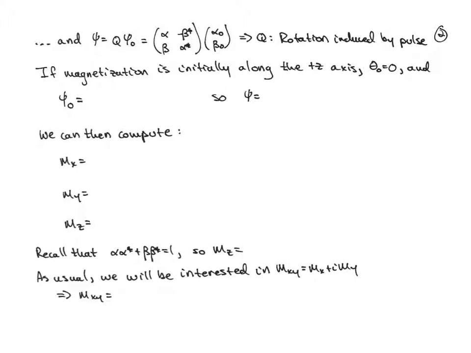And the phi at the end of the pulse is equal to the overall rotation matrix of the pulse times phi 0, the initial spinor, where phi 0 is going to be some alpha 0 beta 0 multiplied by the 2x2 matrix generated from the Cayley-Klein parameters of the RF pulse, alpha and beta. So Q here is the rotation matrix that's induced by the pulse.